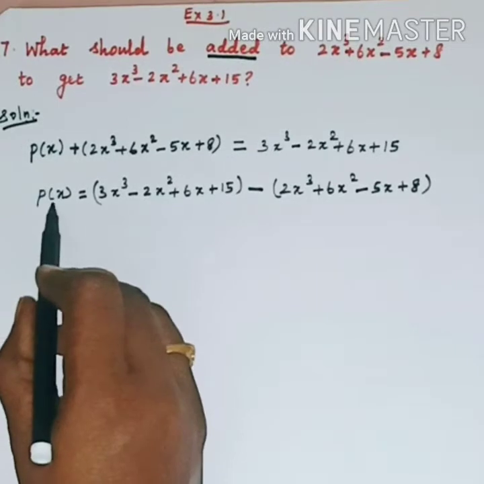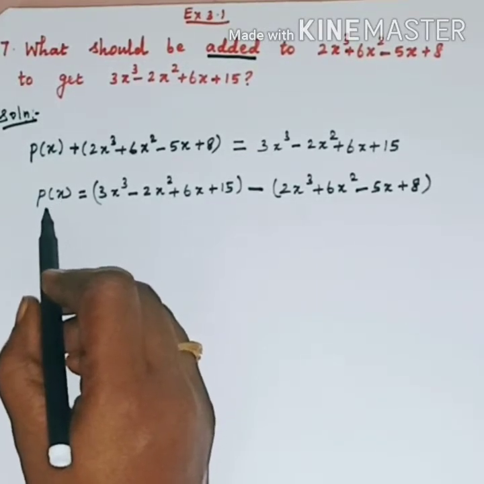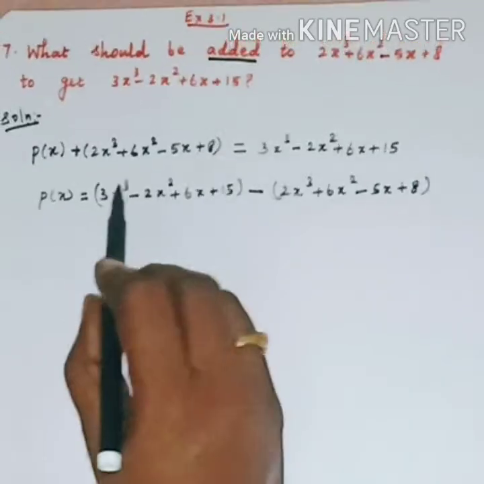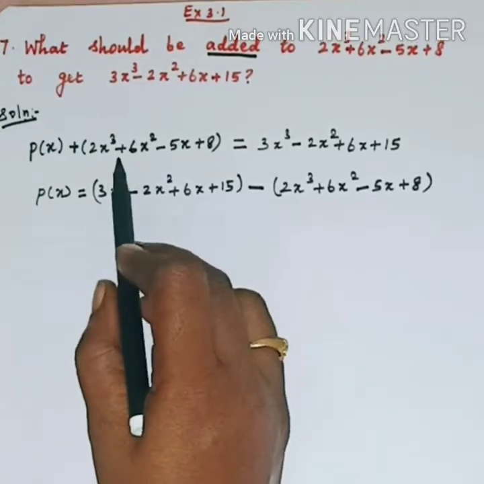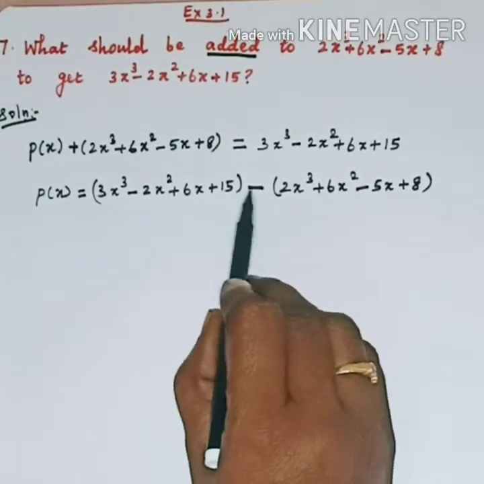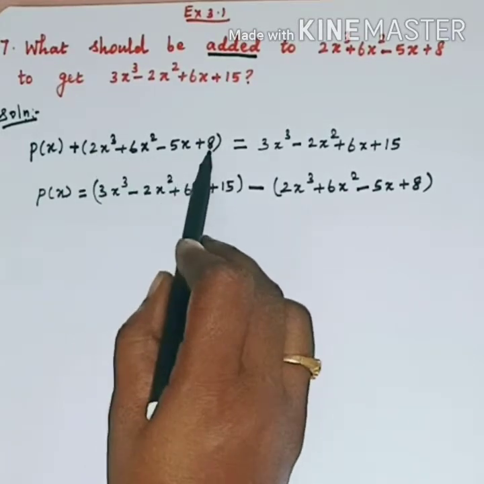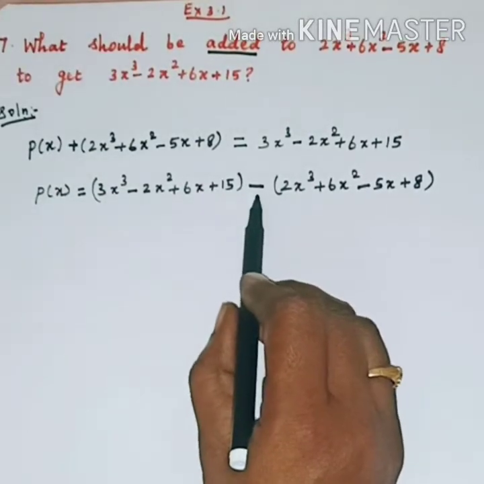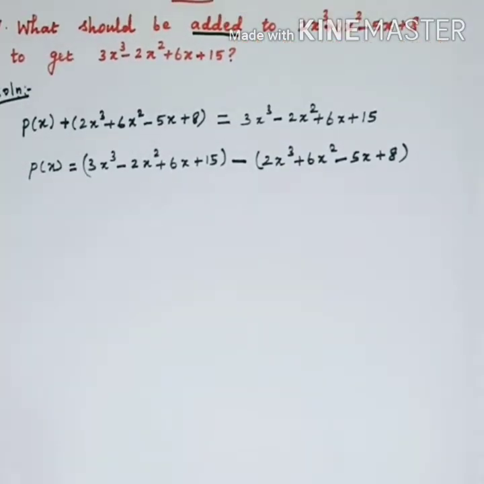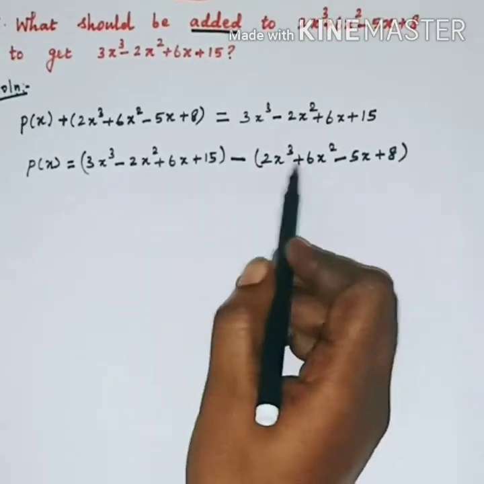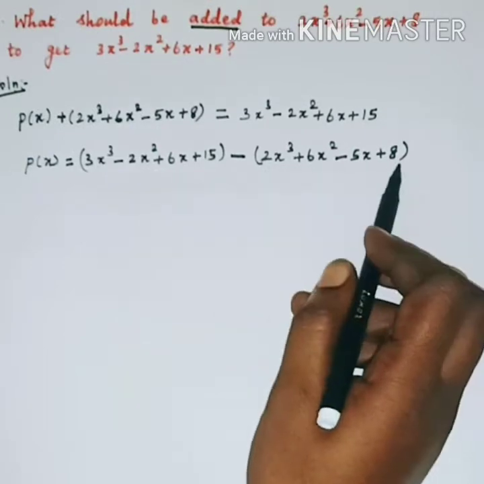Here we have to find the value of p of x. So, take p of x on one side and all the other terms on the other side. When a term comes to the other side, the sign will be changed. When we subtract these two polynomials, we have to change the signs of the second polynomial.